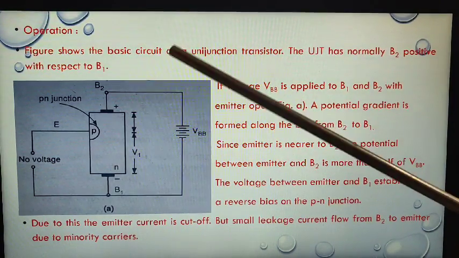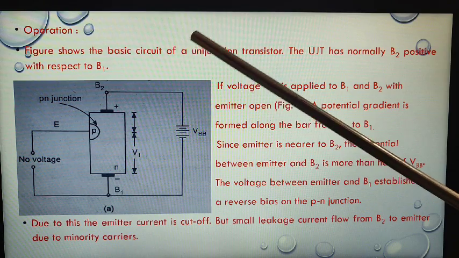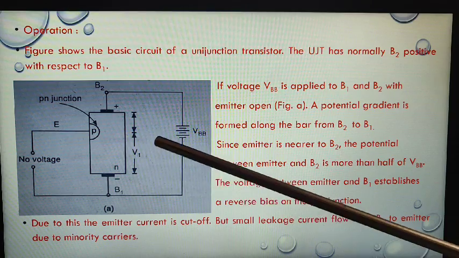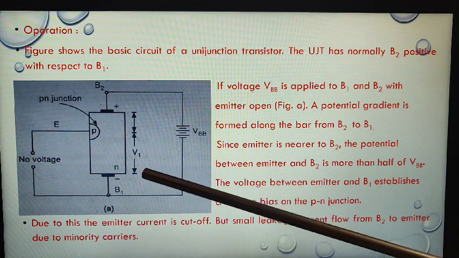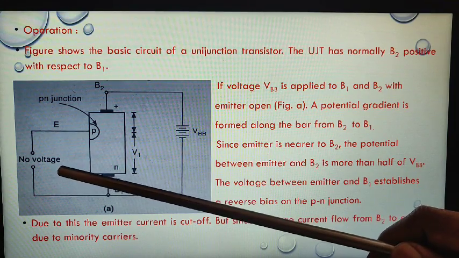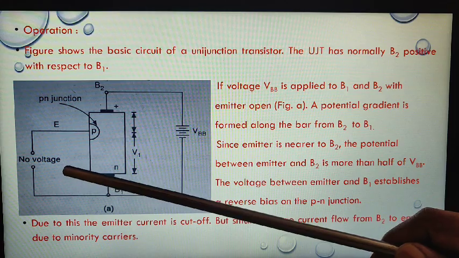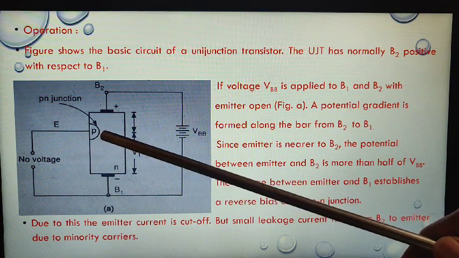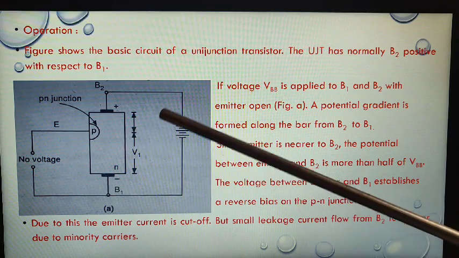Then we see the operation. So this is the unijunction transistor. First we see here that no voltage is applied. This is a PN junction.